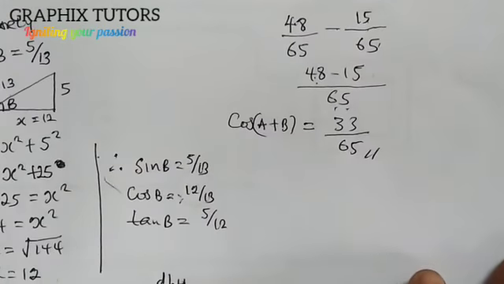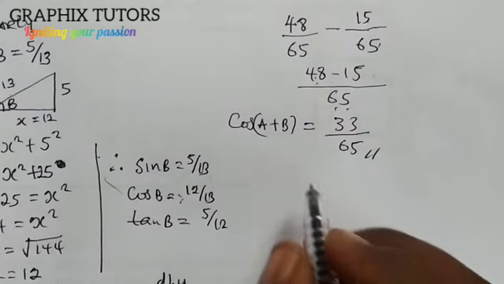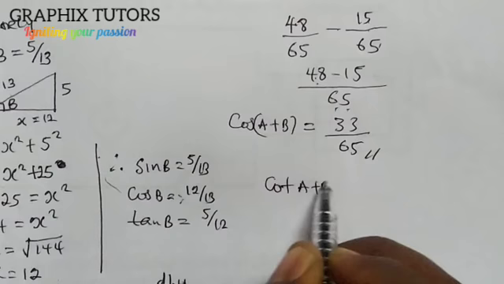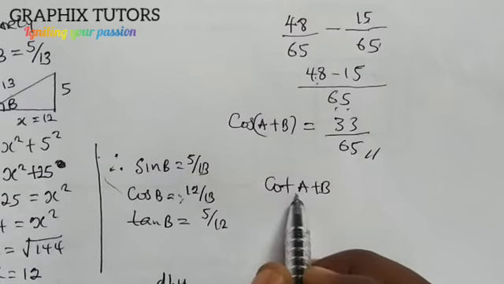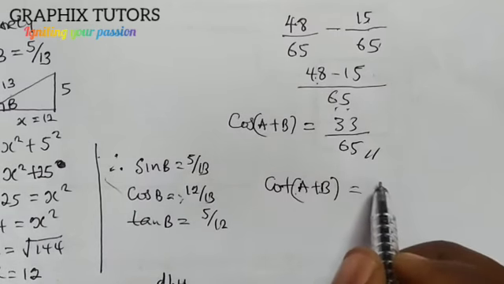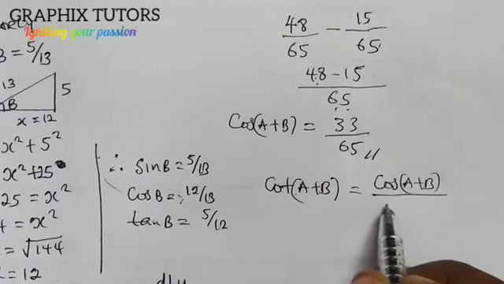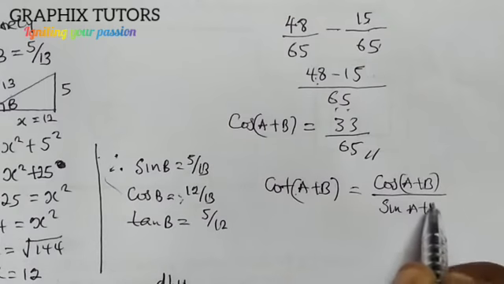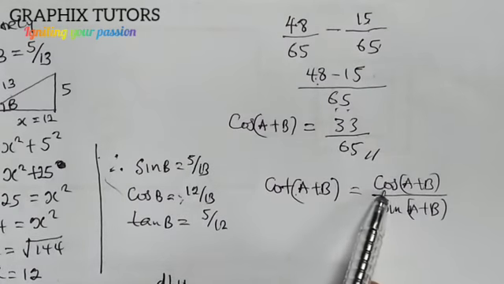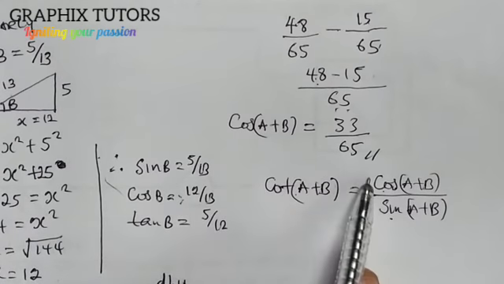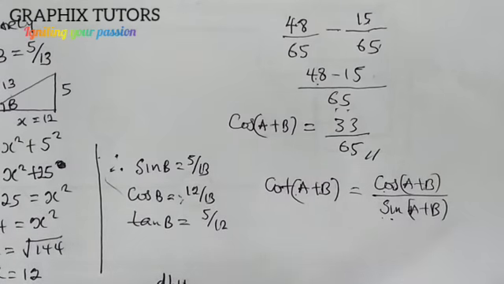For cot A plus B, it is the same as saying cos A plus B over sine A plus B. So for cot, we'll be having cos over sine. For tan, we'll be having sine over cos, because cot is the inverse of tan.